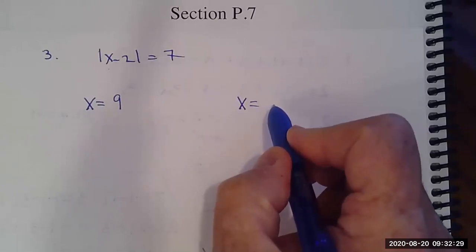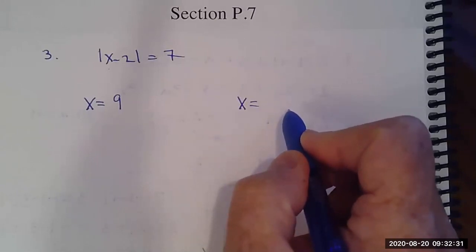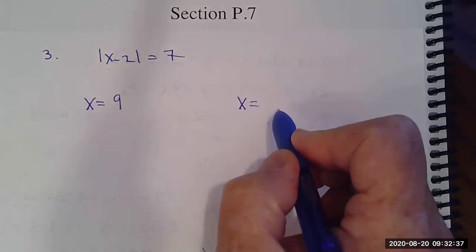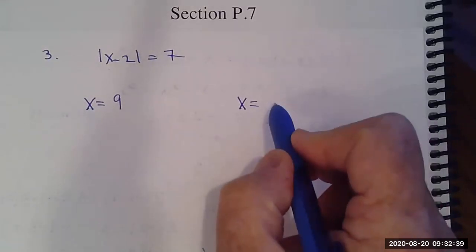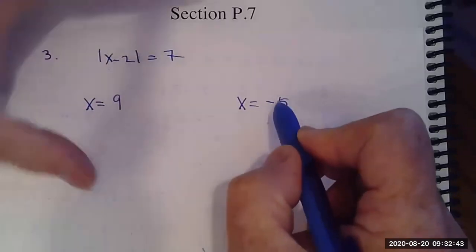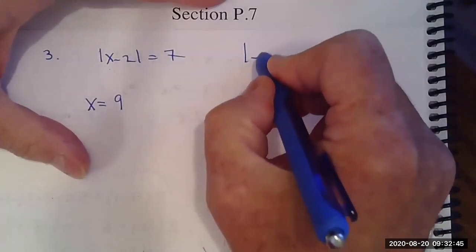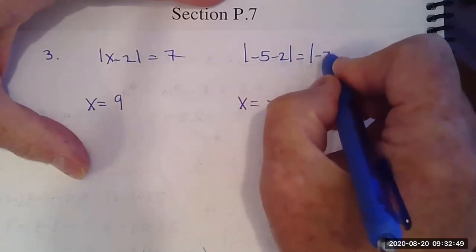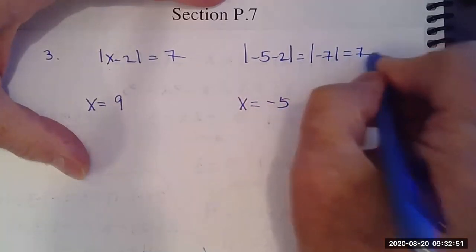Say it again, America. Sorry. Oh, anybody have an answer? Okay, 9 works. There's another number that works. -5. Thank you. Yeah, you're right. Because if I check that, it'd be the absolute value of -5, subtract 2, which is the absolute value of -7, which is in fact +7.